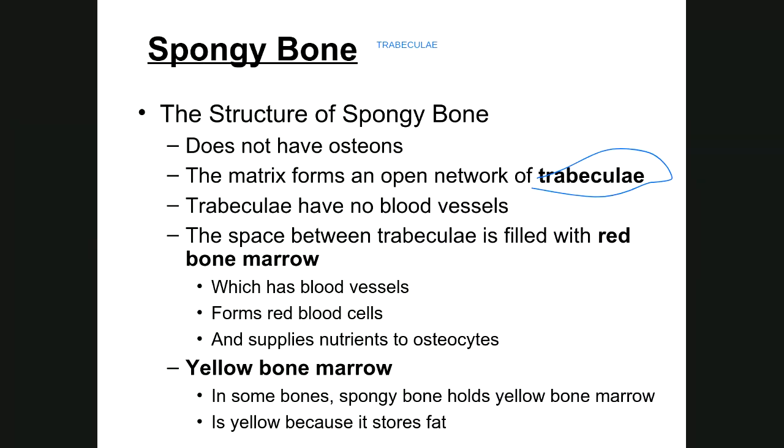No. Good, Karen, no. Osteon is only found in the compact region, not spongy. Spongy bone is trabeculae. They're not packed together, but are more like a mesh network.